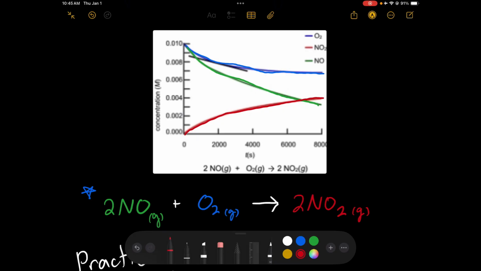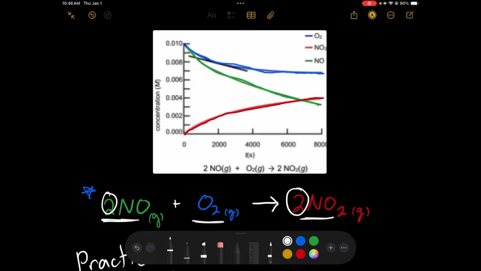But there's a couple of things that I want you to note here. The first is that NO and NO2 on that graph, they have mirrored slopes. So for how quickly our NO is disappearing, our NO2 is appearing at the same rate, which makes sense because their molar coefficients are the same.